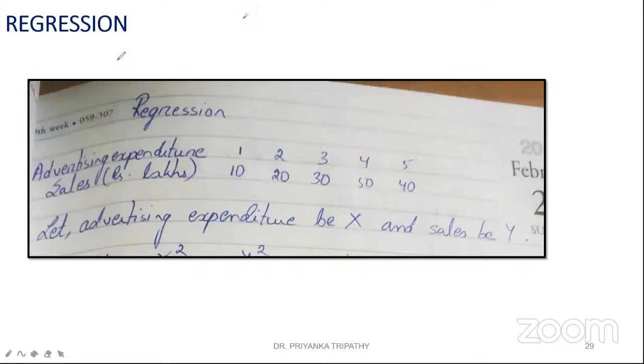First, we find the regression equation of X on Y. This will be our normal equation: X equals a plus b y. Based on this, we will find our two equations. Summation x equals n a plus b summation y.